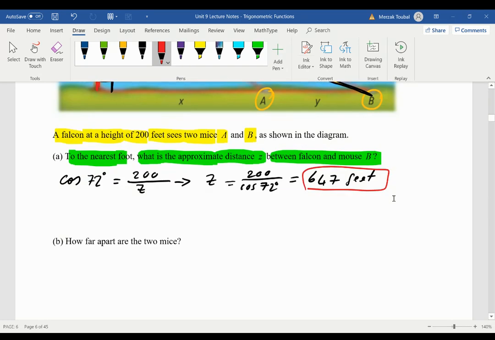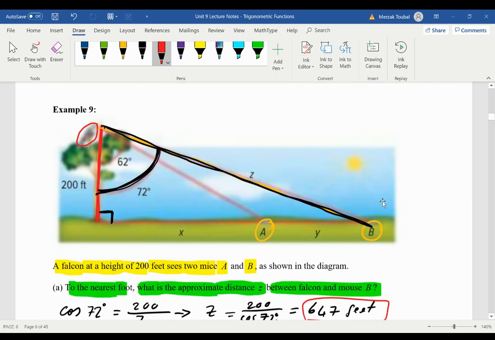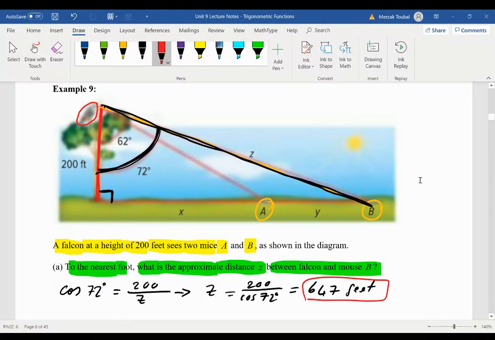Next question says, how far apart are the two mice? We're talking about this distance over here, which is y. It's referred to in this example with y.